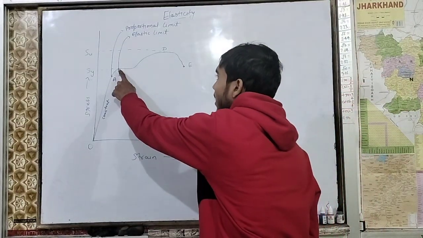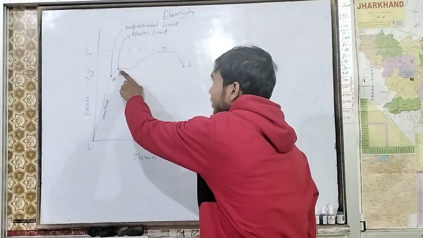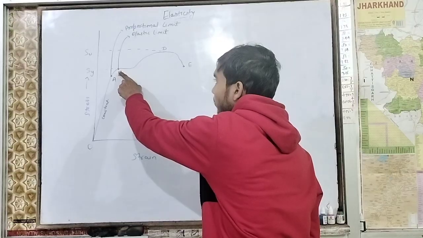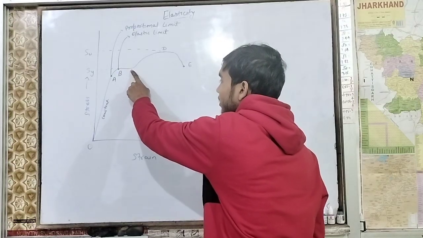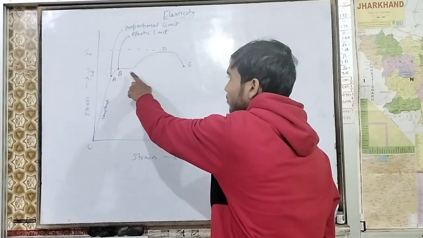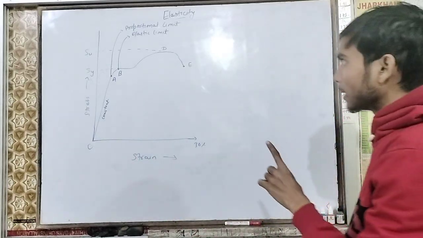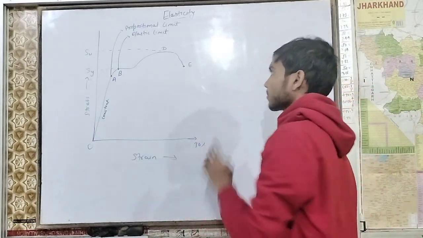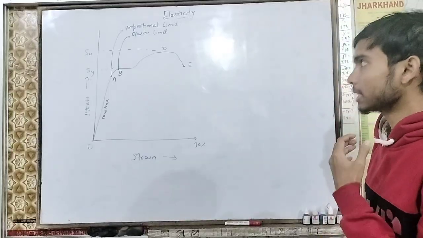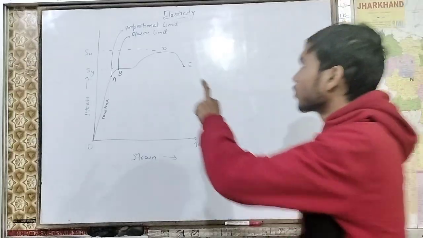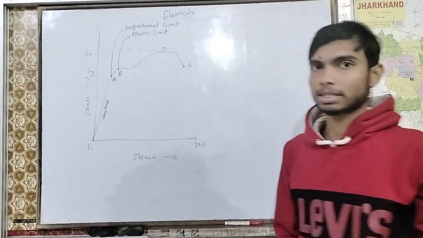You can see beyond B the maximum stress is fixed, which is constant, but strain is increasing. First of all, let's complete the meaning of elastic limit.